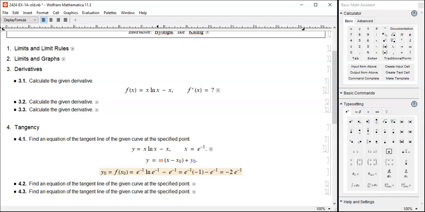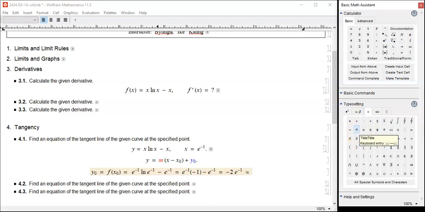This is the answer, but if you somehow prefer the decimal expression, I don't. I like precise expression better, but who knows, you may prefer decimal expression. In that case, you may want to punch it in the calculator and then get, let's see, what is this?